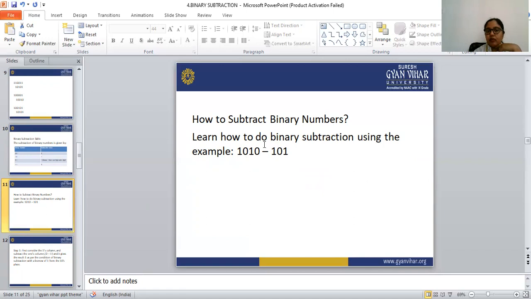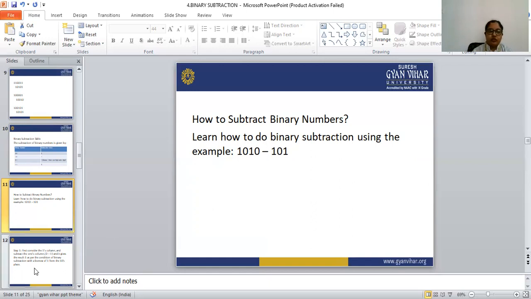Next is 0 minus 1, and again we follow the same method: this 0 borrows 1 from here and becomes 1 0, which is decimal number 2, and 2 minus 1 is equal to 1. So 101 is the correct answer of this example.